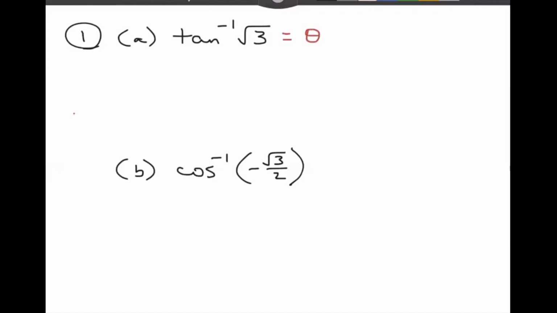And what that means is that the tangent of theta is equal to √3. So now you just have to ask yourself, what angle between negative pi over 2 and pi over 2 has a tangent of √3? The answer is pi over 3.